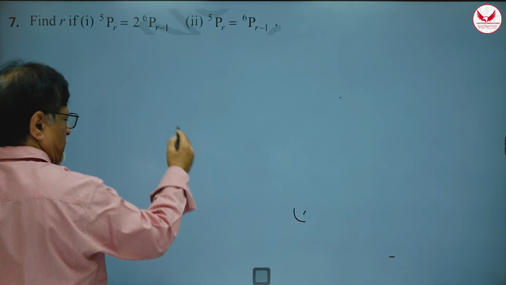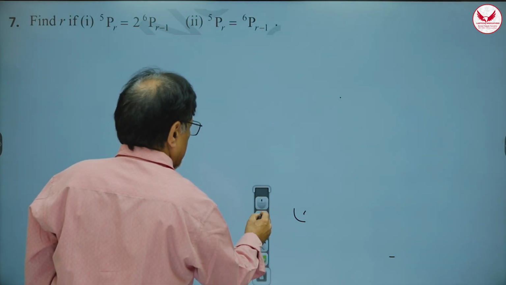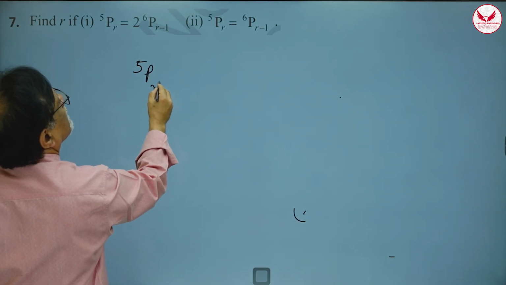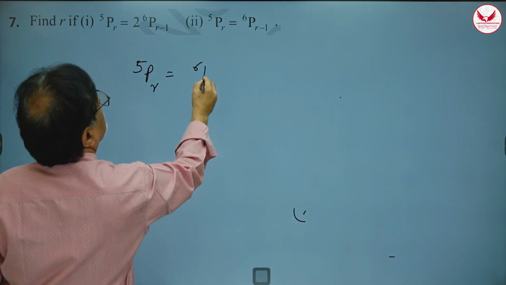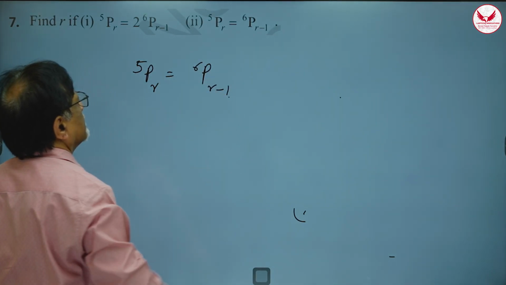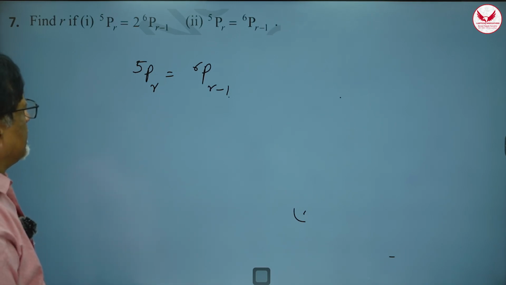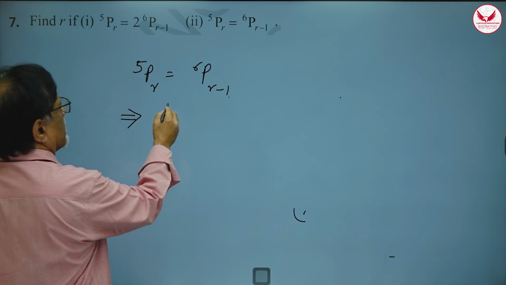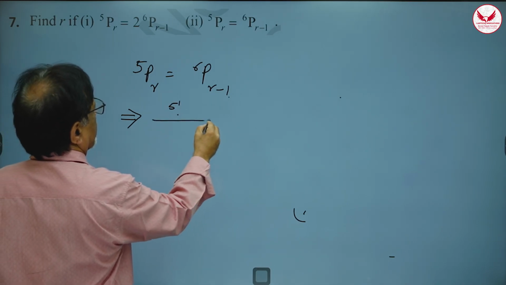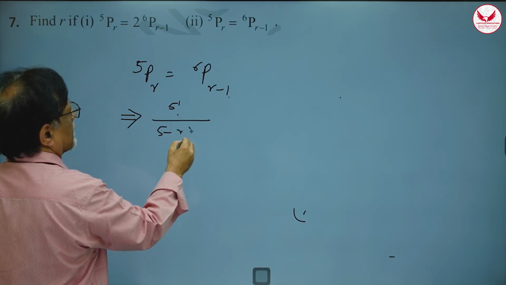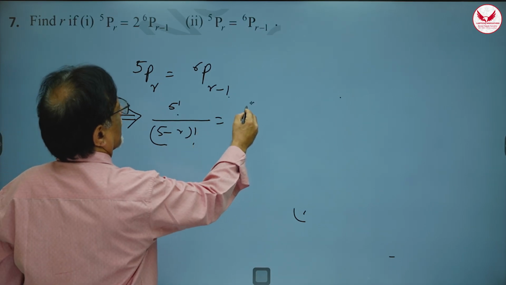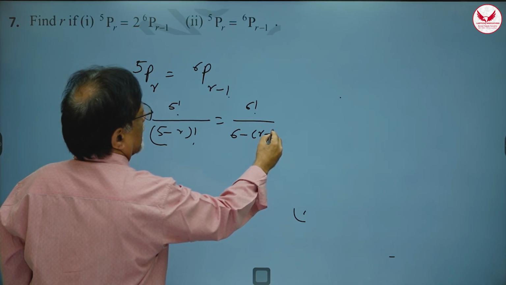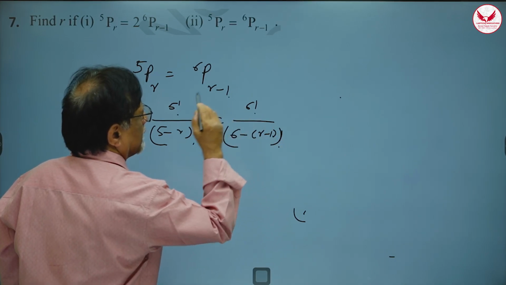Now let us go to the second one. The second one says 5Pr is equal to 6P(r minus 1). Find the value of r again. So now here, let us use the formula. 5 factorial divided by (5 minus r) factorial is equal to 6 factorial divided by (6 minus (r minus 1)) factorial, right?